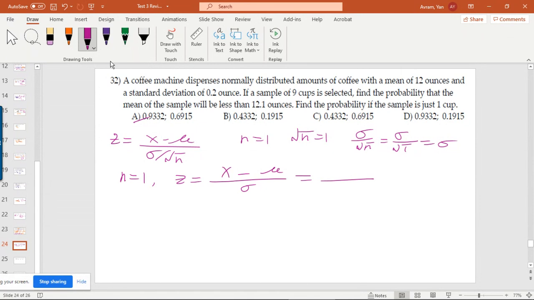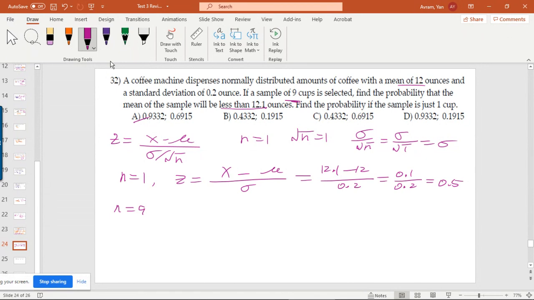All right, so the mean here is 12. Standard deviation here is 0.2. We want the probability less than 12.1, so this is the area to the left. For n equal to 1, you will have 0.5, okay?